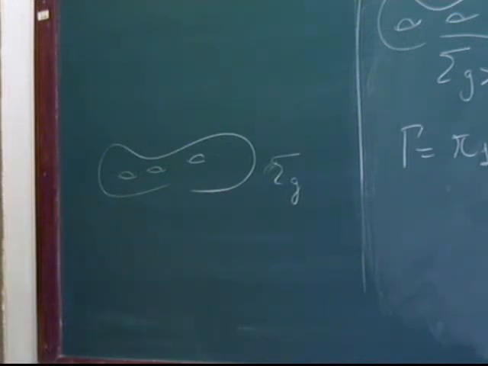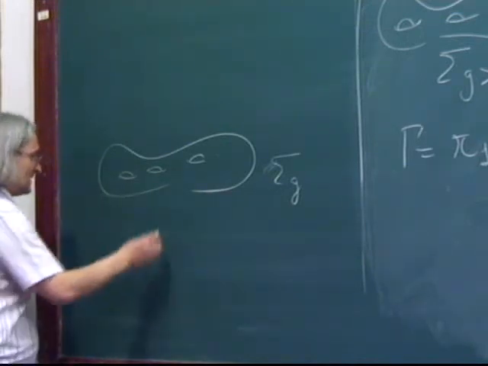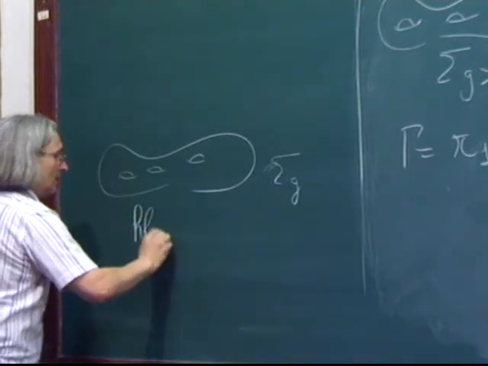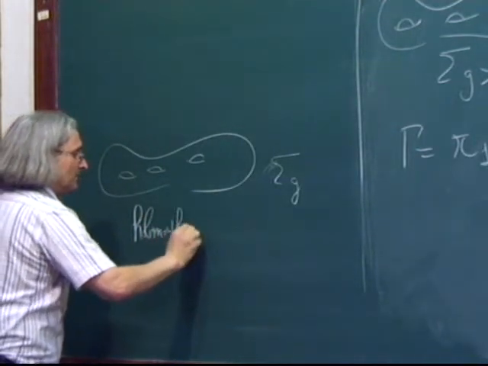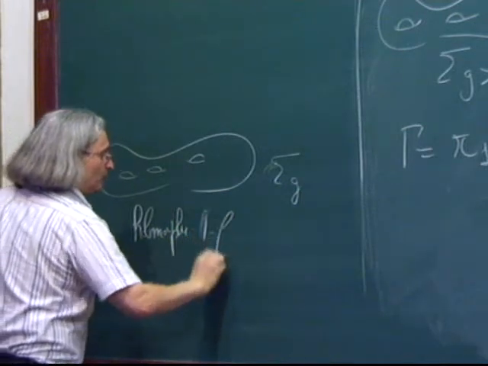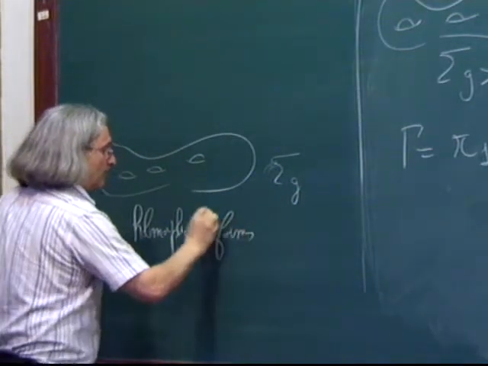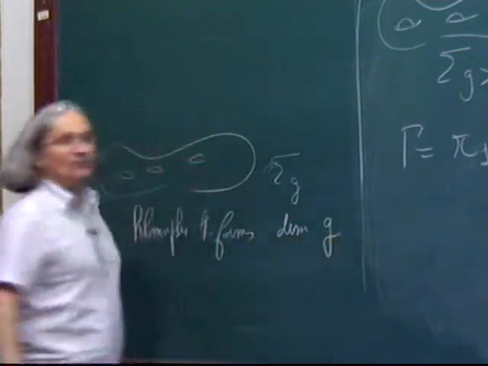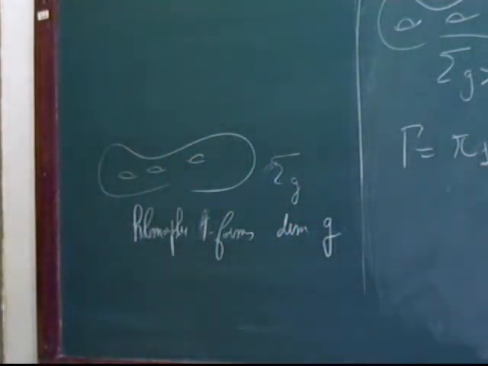Then Riemann had proved that on this Riemann surface, the space of holomorphic one-forms has dimension G. The space of so-called abelian differentials, holomorphic one-forms, has dimension G. So he proved it. Now, how to construct invariants out of that?